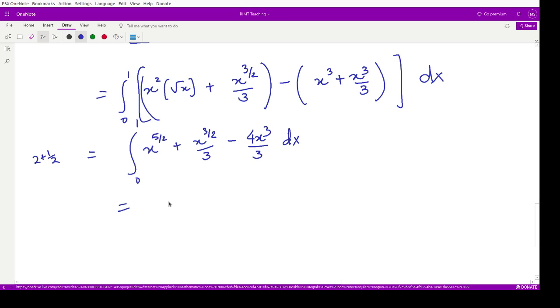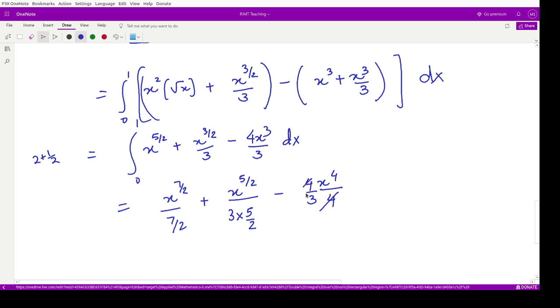Now what is the integration of this quantity? This is equivalent to x to the power 7 by 2 divided by 7 by 2 plus, here it would be x to the power 5 by 2 divided by 3 into 5 by 2, right, minus 4 by 3 as such, x to the power 4 divided by 4.